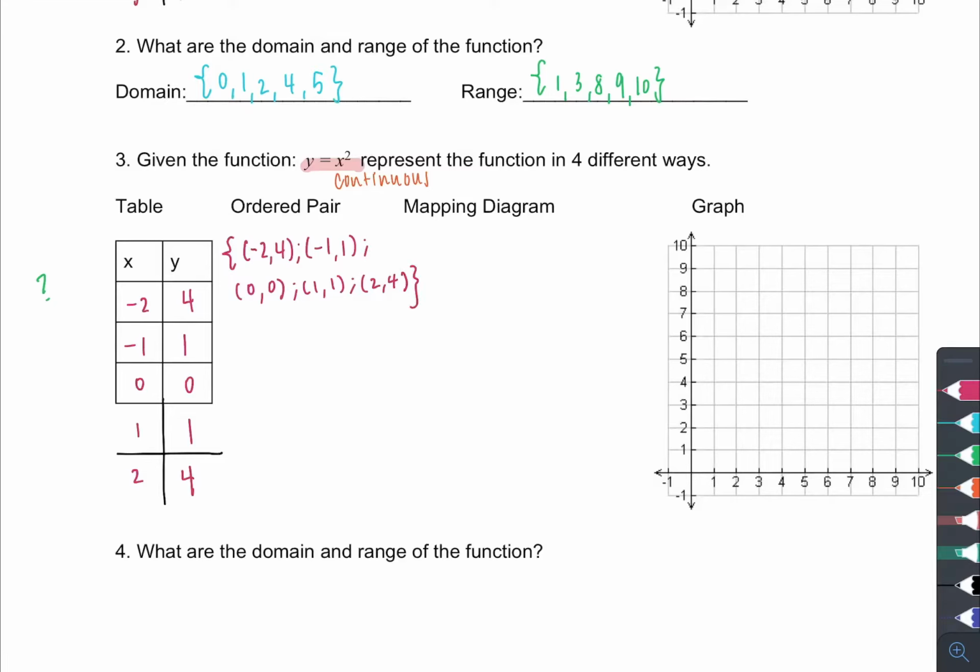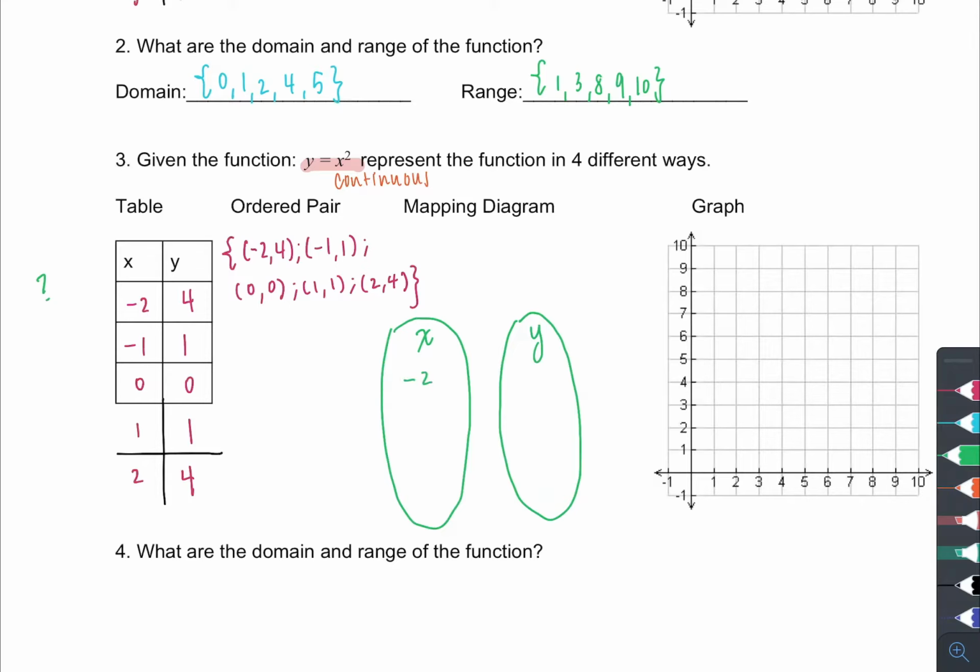All right, so let's go ahead and do our mapping diagram now. It's going to be down here a little ways. So here we'll have our x and our y. Remember, we don't want to repeat any values. And 4 and 1 are repeated, so we'll only put them in there once. And our x values, we don't have anything repeated. So you have 4, 1, 0.